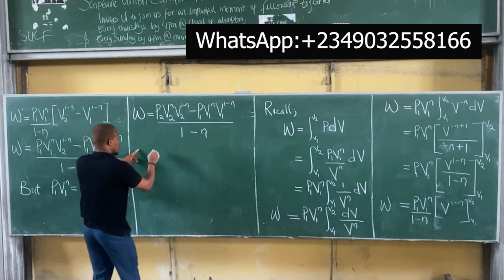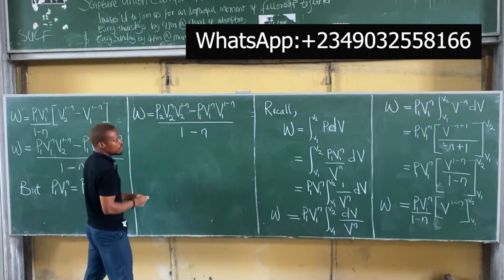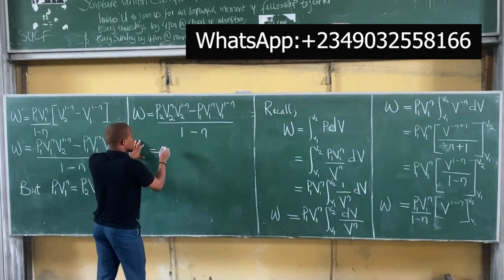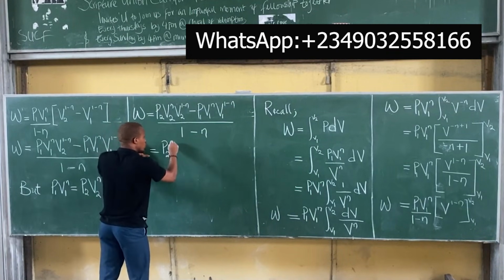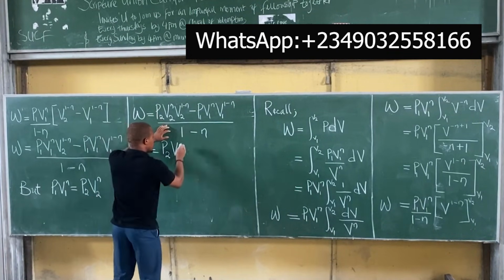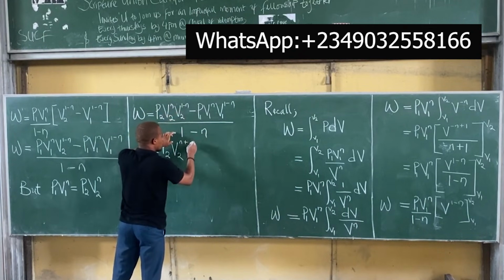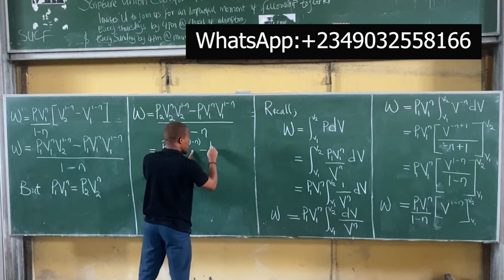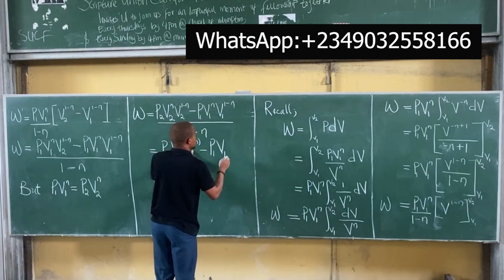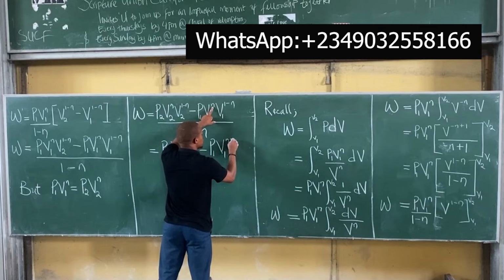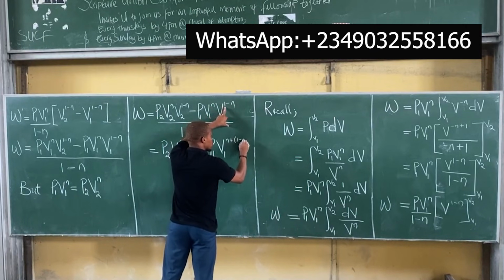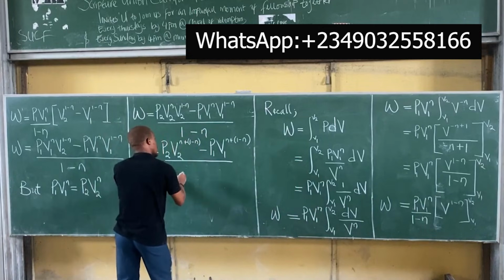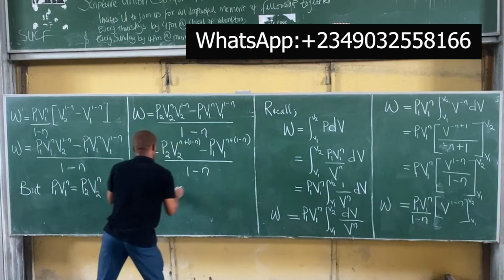So I'm having P2 V2, add both powers, n plus 1 minus n, minus P1 V1, n plus 1 minus n, all divided by 1 minus n.